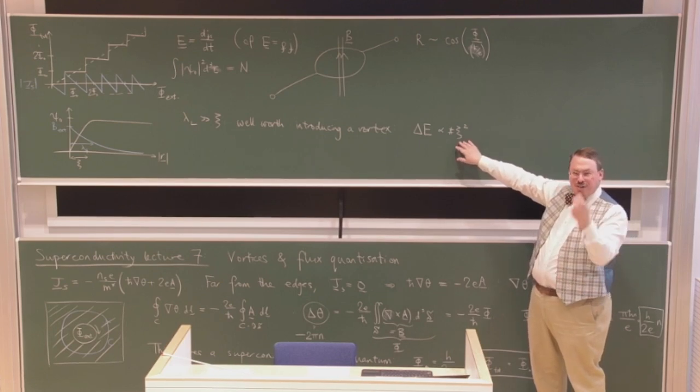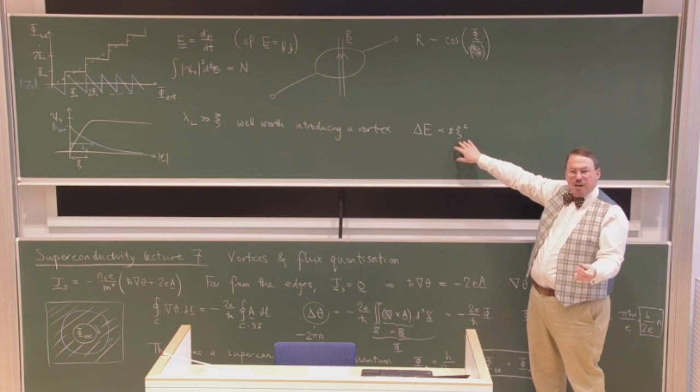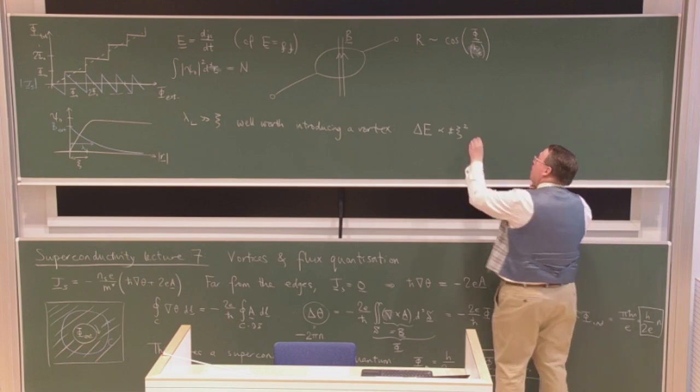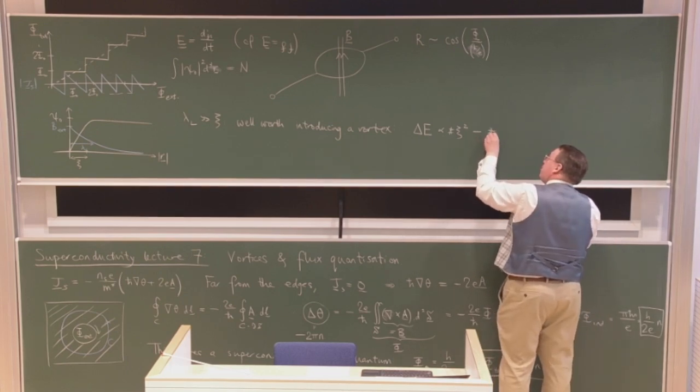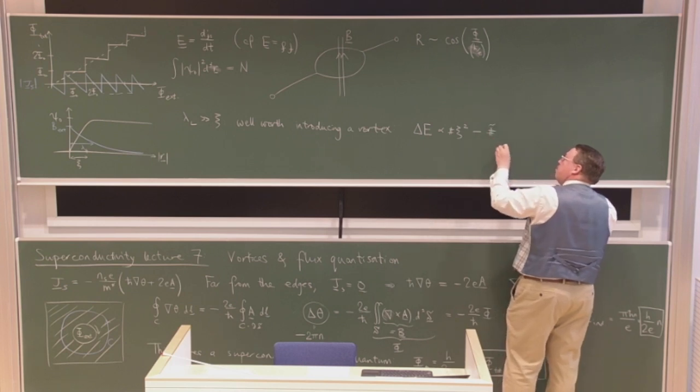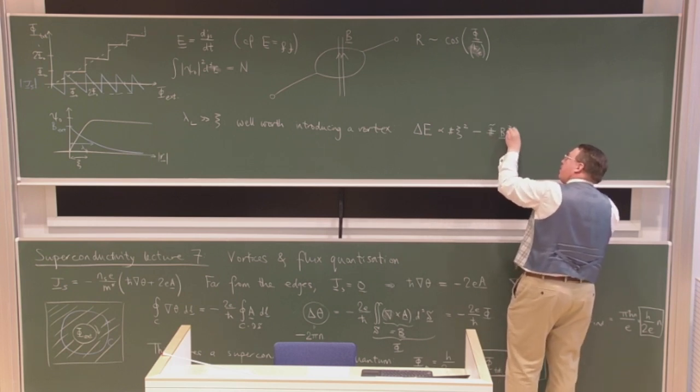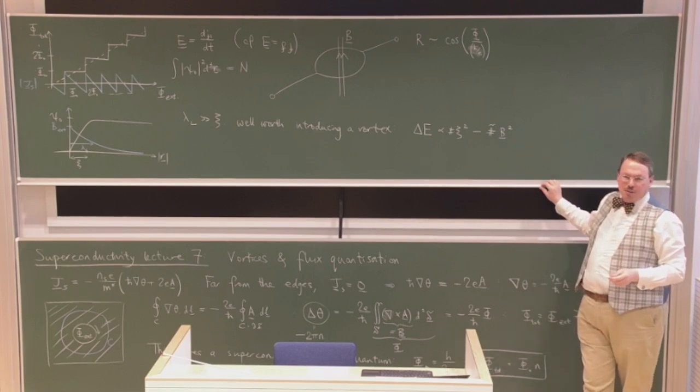This is the cost of drilling that hole in your superconductor. So you've lost some condensation energy, but minus some other number times the magnetic field that you've allowed to be introduced.